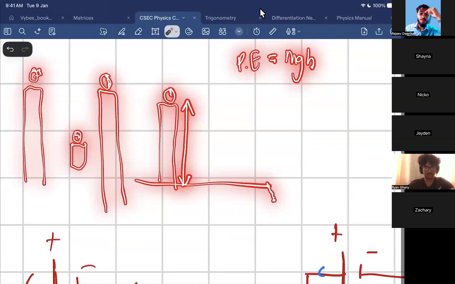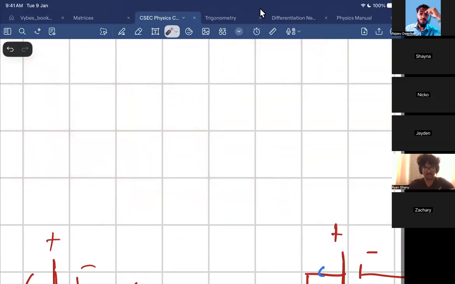Again, I'm not insinuating anything, I'm just using an example. But long story short, the higher you go from the ground, what increases? The potential energy.